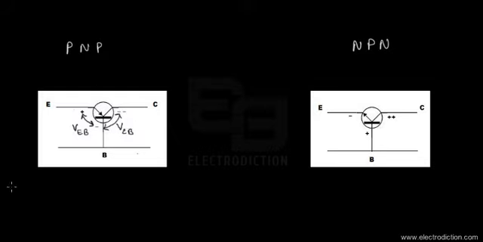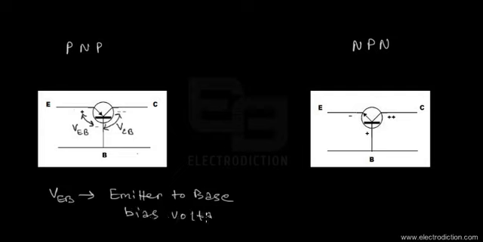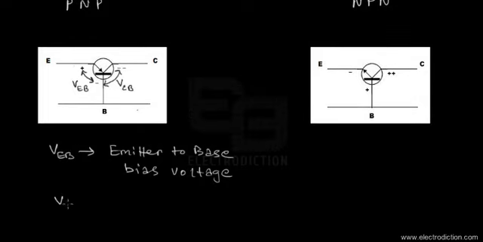Okay, so I'm just going to write them down over here. Here VEB signifies the emitter to base voltage. Okay, so I'm going to write it down over here, emitter to base bias voltage. All right, and VCB refers to the collector to base bias voltage respectively. Okay, so collector to base, yeah, there you go, bias voltage.